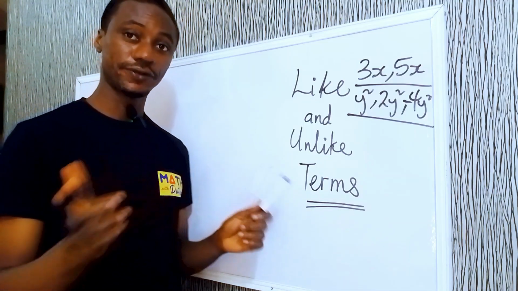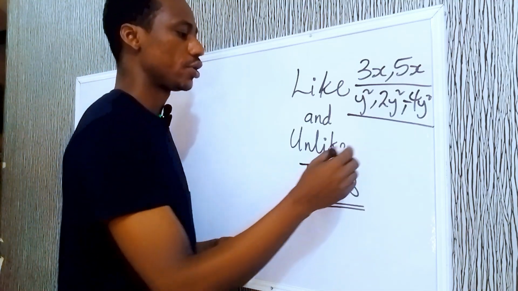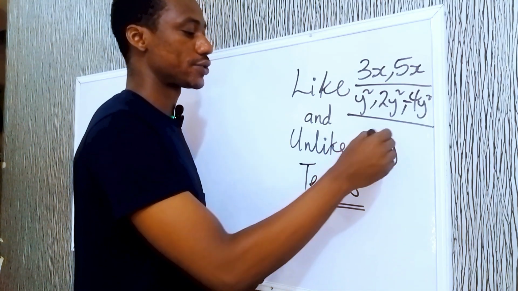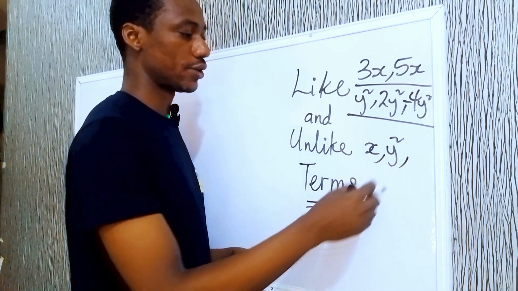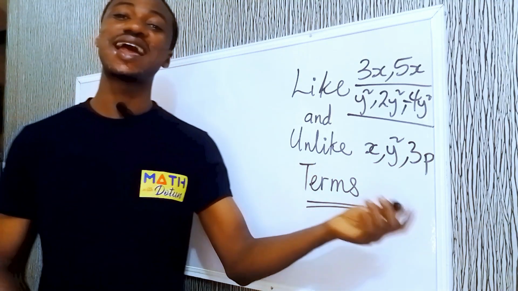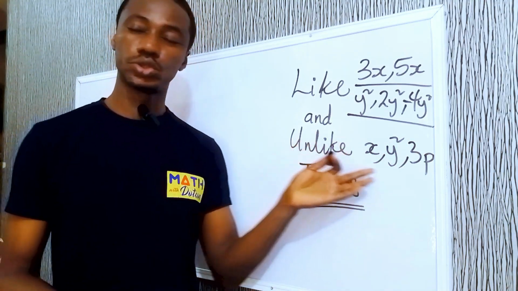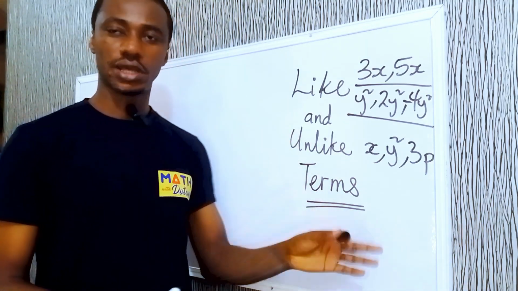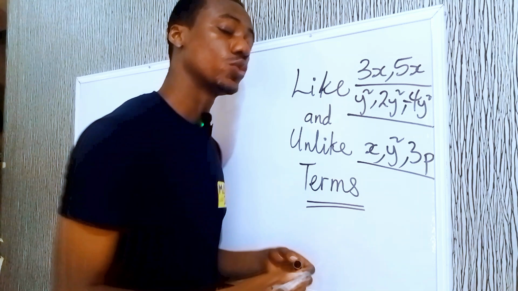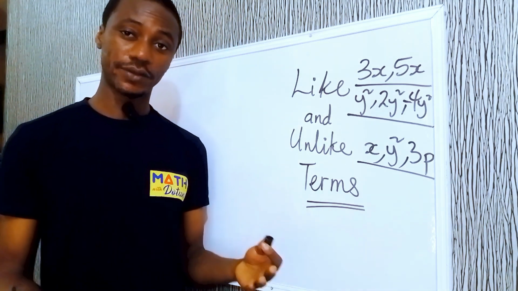Let's see. Different variables, different powers. So you have x, you have y squared, you have 3p. These are unlike terms because they do not have the same variables and they do not have the same power. And then you could also have unlike terms with the same variables but different powers.